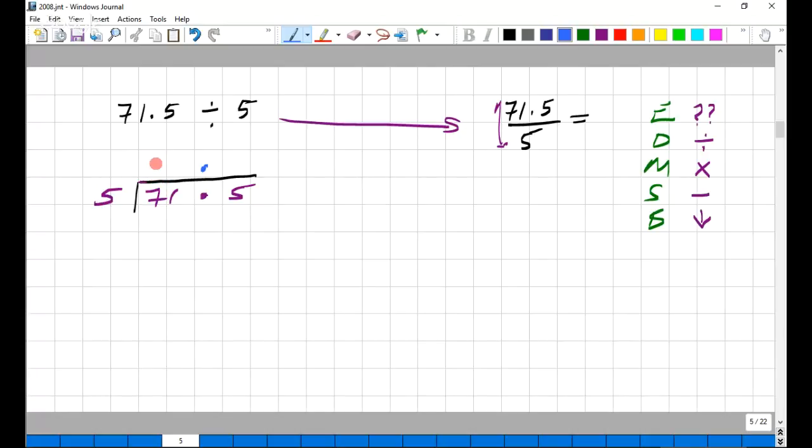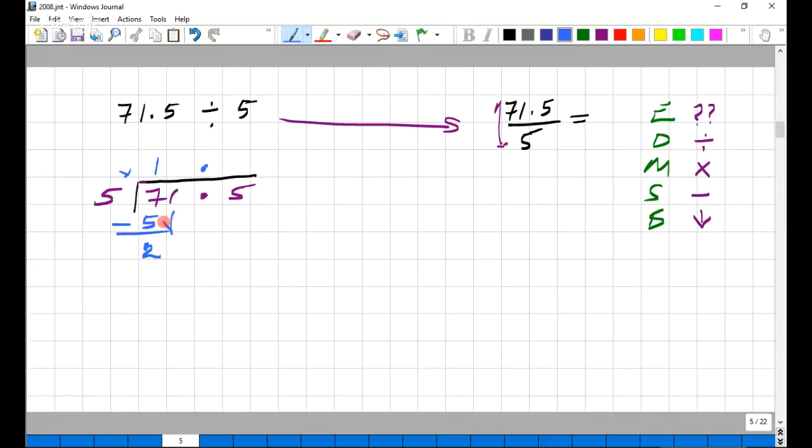5 into 7, how many times, Shade? 1 time. Okay, so we move on now to the multiplying stage. So we're going to say 1 times 5 would give me what? 5. All right, then we move to subtraction. What do we have? 5 from 7 things we take out. Yes. Answer? 2. Okay, 2. What do we need to do next?